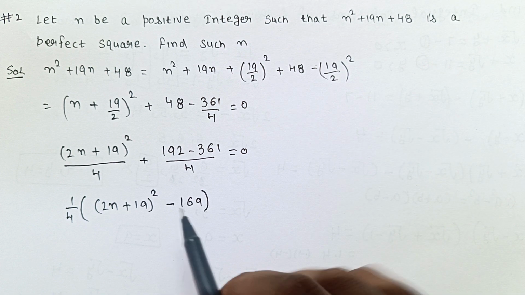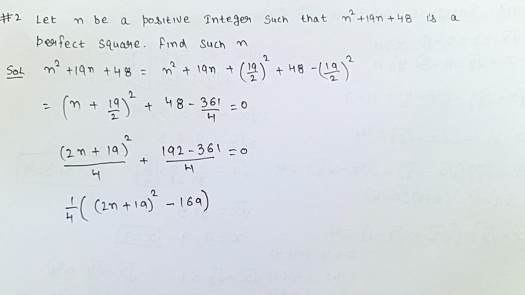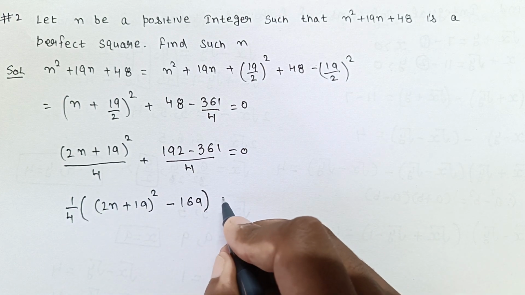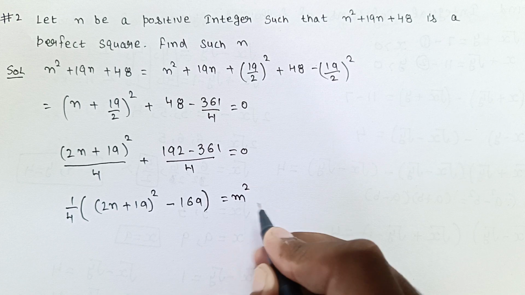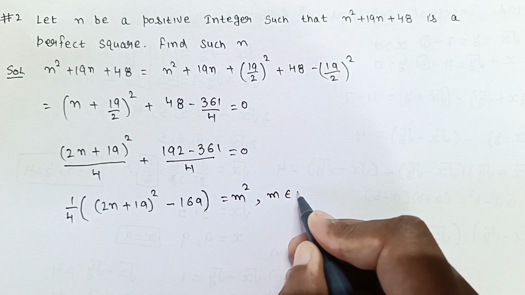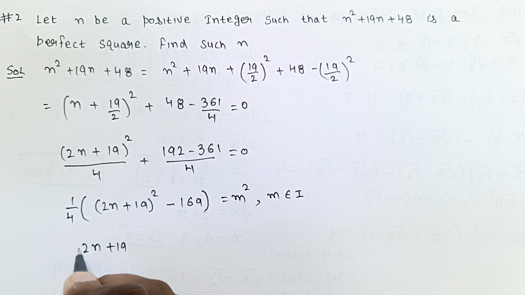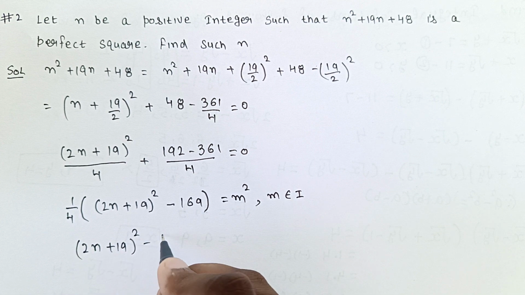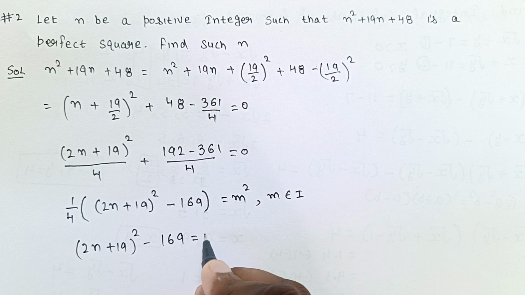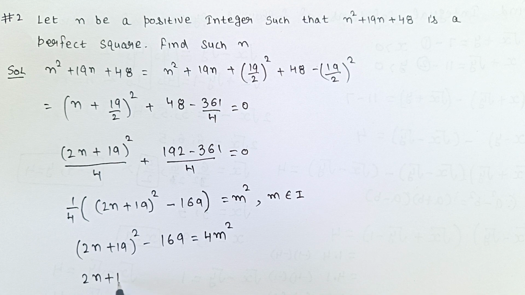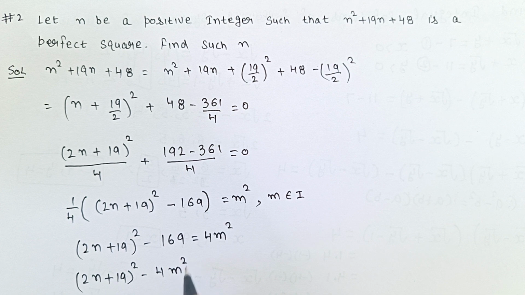Now we need this number to be a perfect square. So let it be, say, m square, where m may be any integer. Now (2n plus 19) whole square minus 169 comes to be 4m square, and I write it as (2n plus 19) whole square minus 4m square is equal to 169.